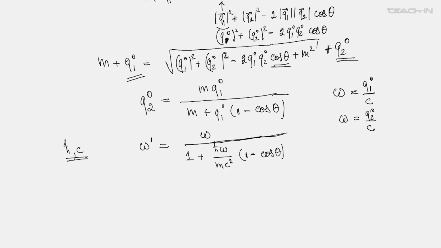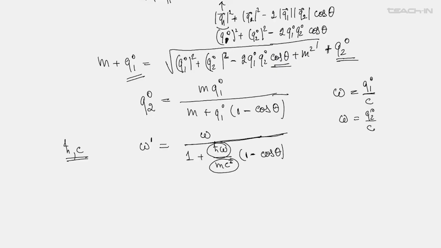H bar omega has a dimension of energy. mc squared has a dimension of energy, so their ratio is dimensionless. It's multiplied by the dimensionless quantity 1 minus cosine theta. And this is a relation between the frequencies of the incoming and outgoing photons.